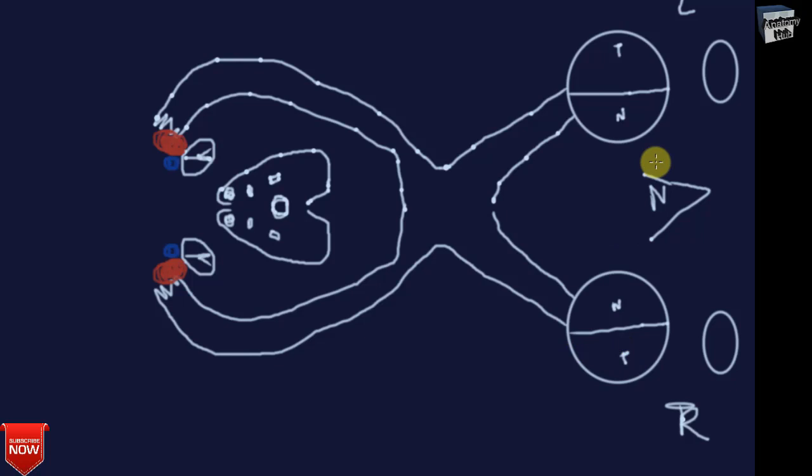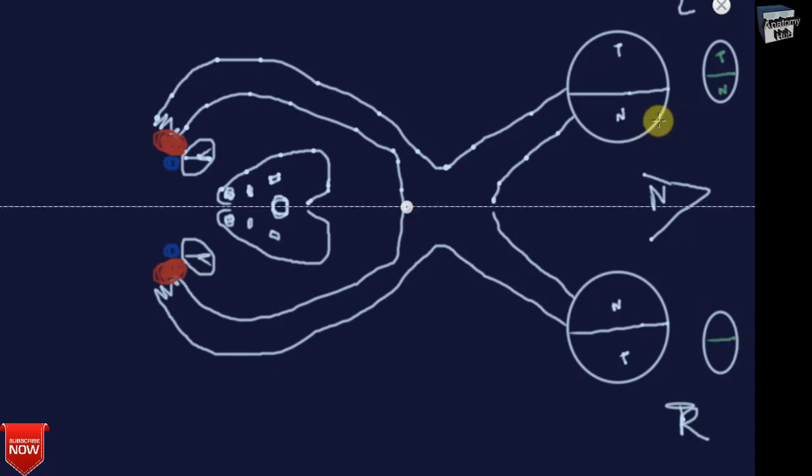Then the left visual field can be divided into two halves as a nasal visual field and the temporal visual field. Like that, you can draw over here also.